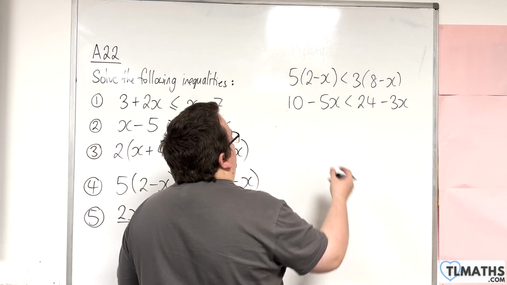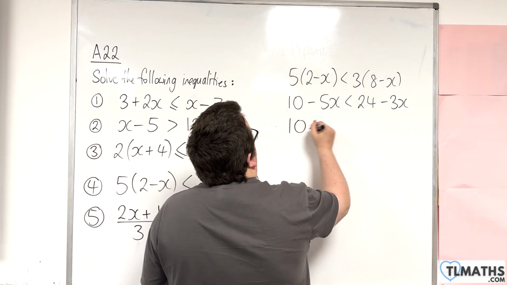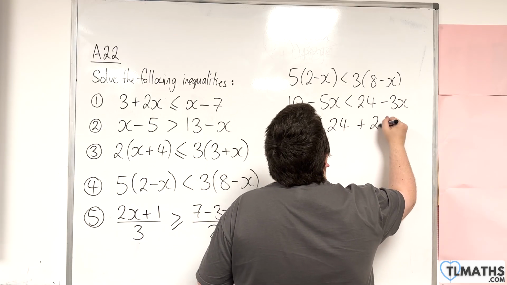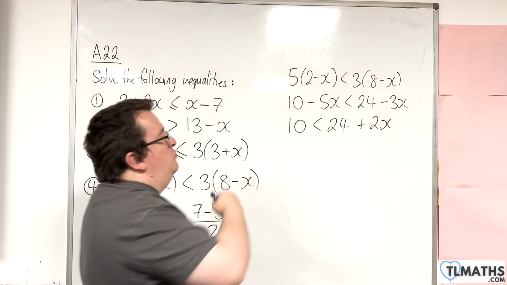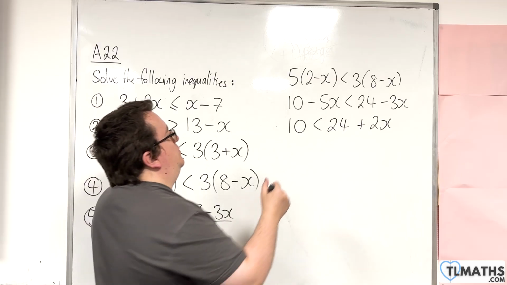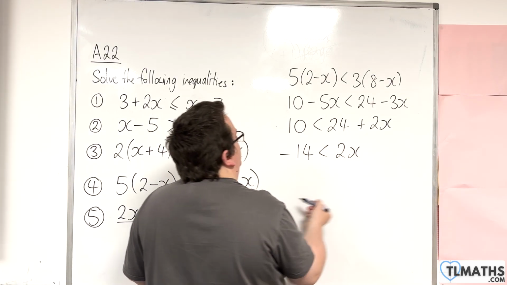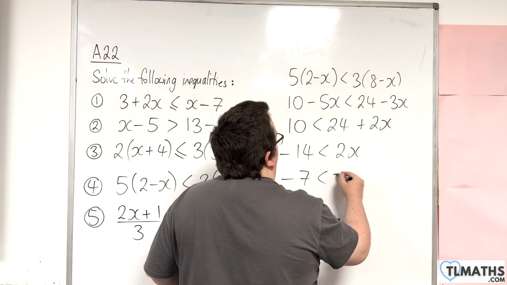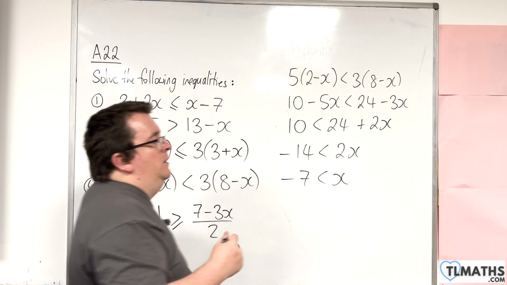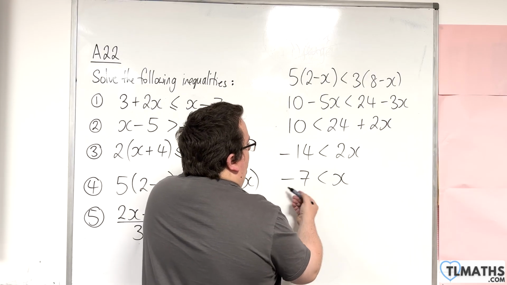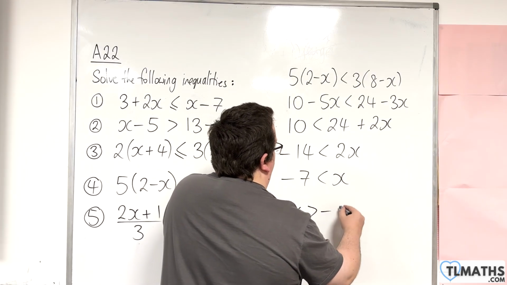So let's add 5x to both sides. That seems a little bit better. So adding 5x to both sides, we're going to get plus 2x on the right hand side. Subtract 24 from both sides, we'll get minus 14 is less than 2x. And then divide through by 2, so minus 7 is less than x. Or if you prefer, like I do, rewrite that as x is greater than minus 7.